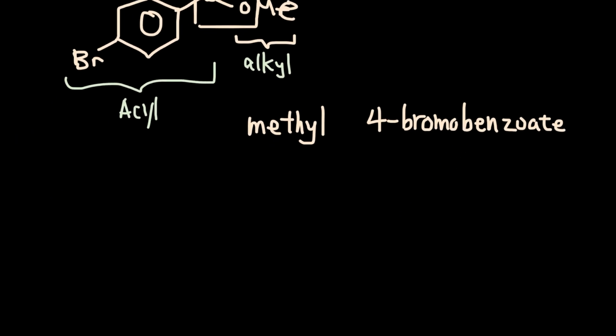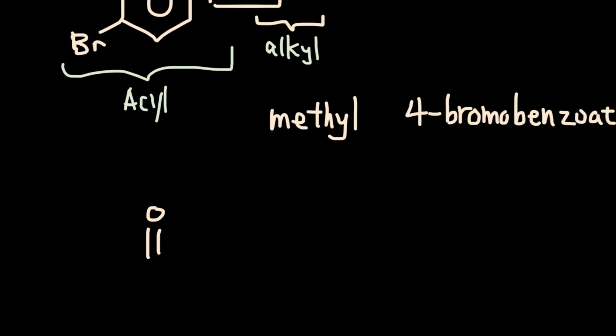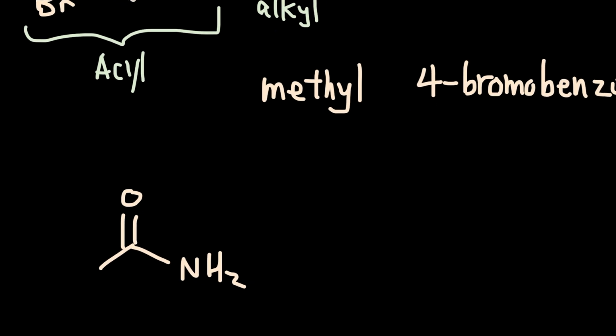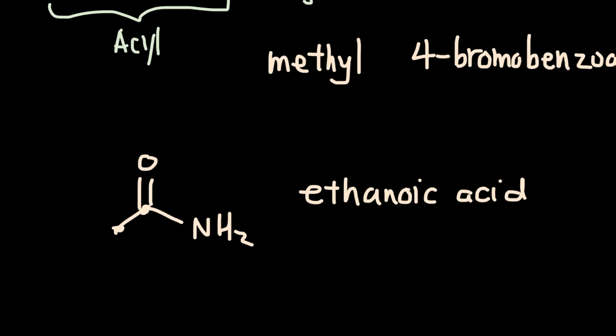And some other examples, let's say you have this. You might think, oh, this is okay. Let's say this were a carboxylic acid. You might think, oh, there's two carbons, so this might be ethanoic acid. Okay, but first, we're going to take away -ic.